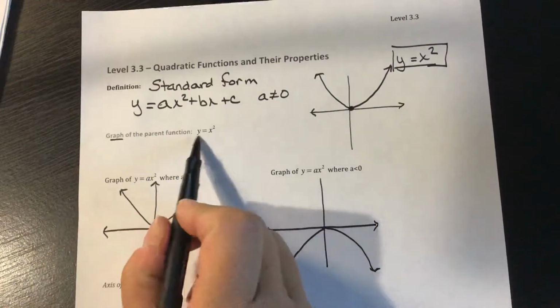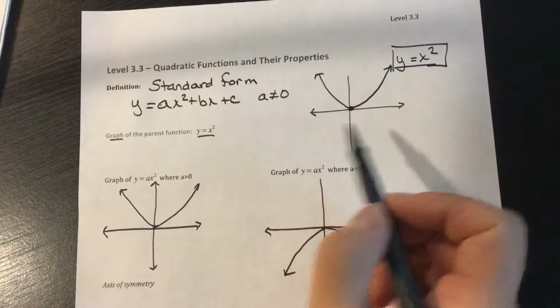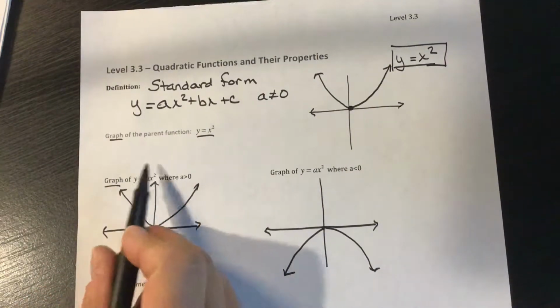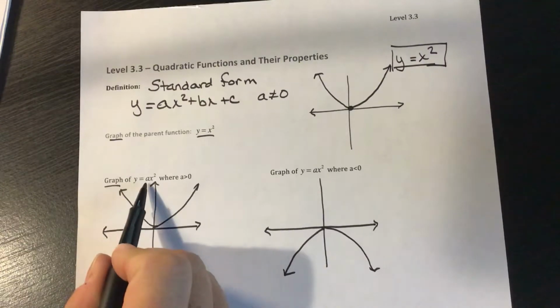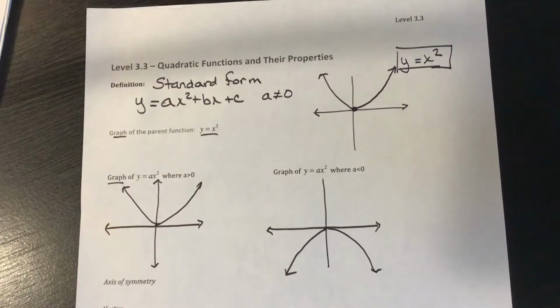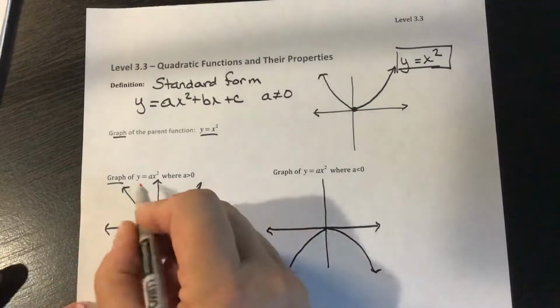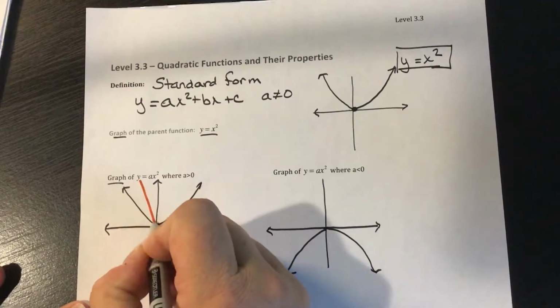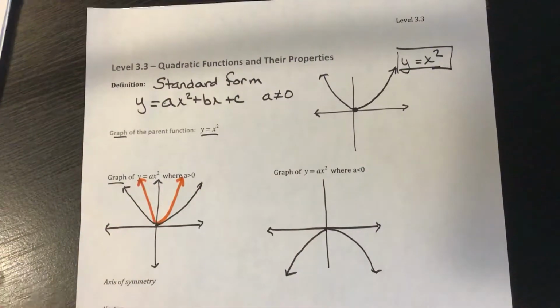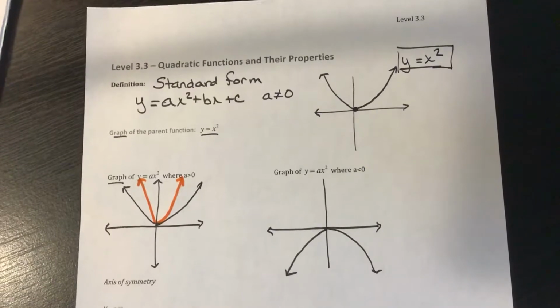So here it asks us to graph the parent function, and down here it's asking us to graph the parent function where it's multiplied by a constant and that constant is greater than 0. So if our a value, meaning a is greater than 0, is positive, we know that if I were to multiply it by a number that's bigger than 1, I would have some kind of compression in my parabola.